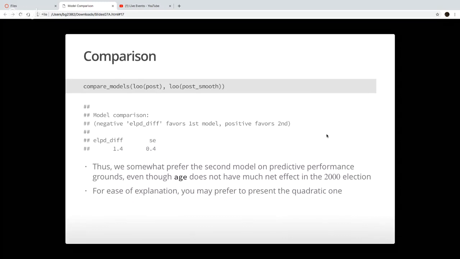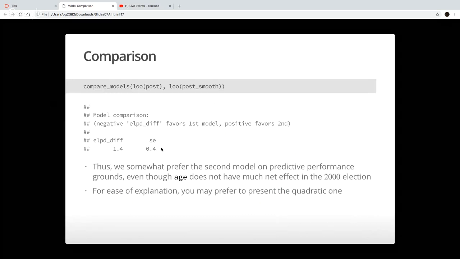As it says here, negative values favor the first model, positive values favor the second. I got an expected log predictive density difference of 1.4, favoring the second model by 1.4, and that has an estimated standard error of 0.4.